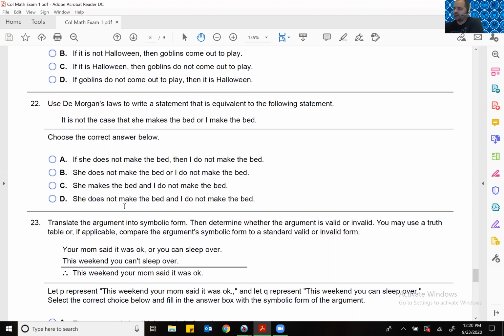It's not the case that she makes the bed or I make the bed.